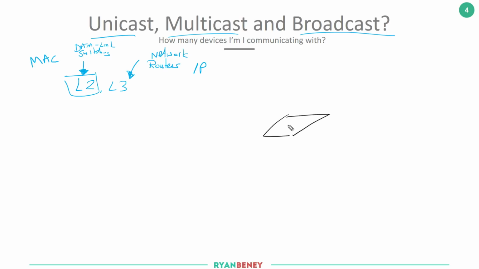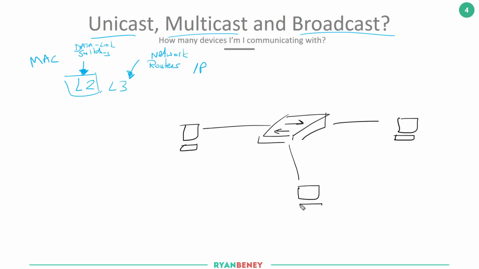So if we just draw a switch, remember this is the icon for a switch, and off the back of this switch we have, let's say, a PC and another PC, and another one, and PC1 wants to speak to PC3, and PC1 is able to communicate with that PC directly without involving PC2. This is considered unicast because it's a one-to-one communication.